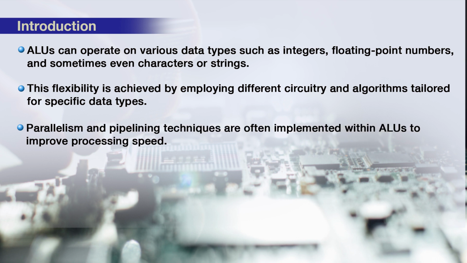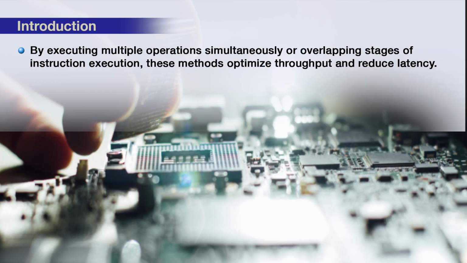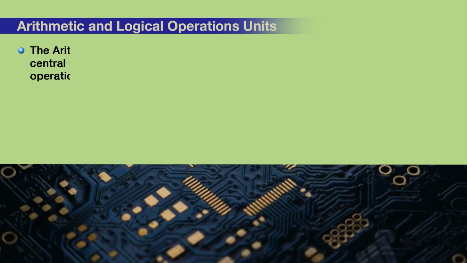Parallelism and pipelining techniques are often implemented with ALU to improve processing speed by executing multiple operations simultaneously or overlapping stages of instruction execution. These methods optimize throughput and reduce latency.